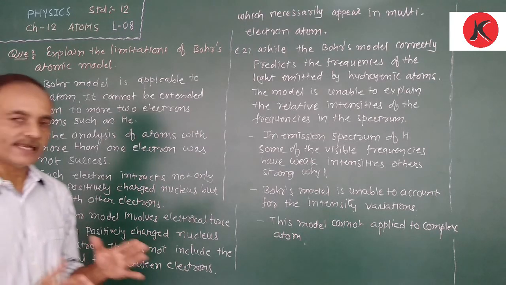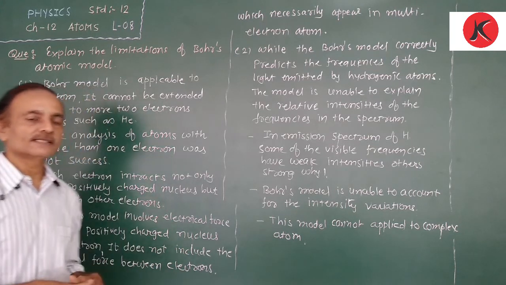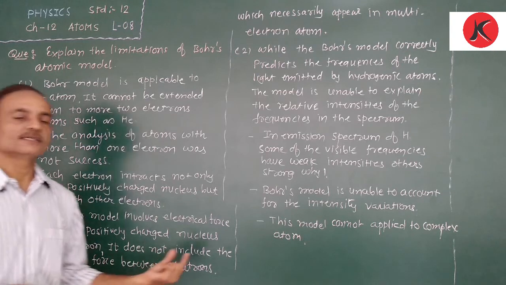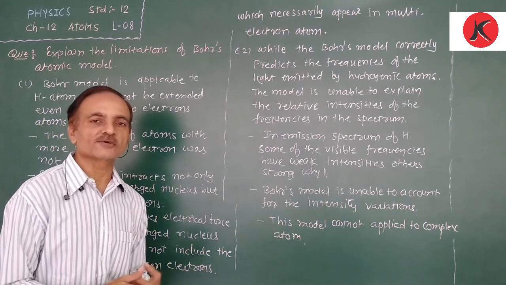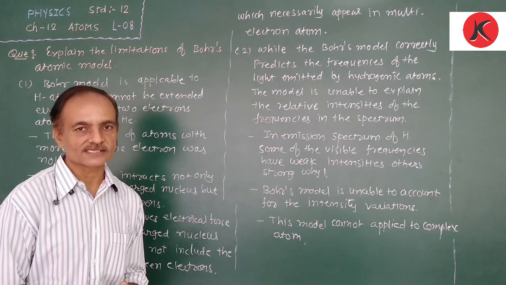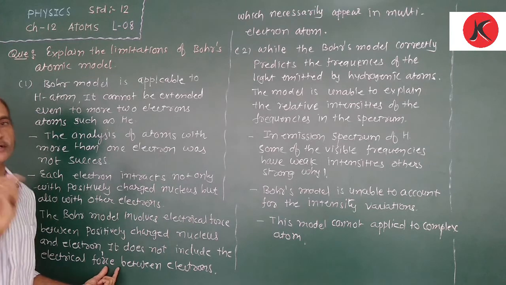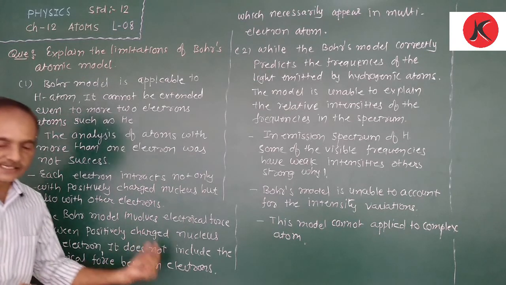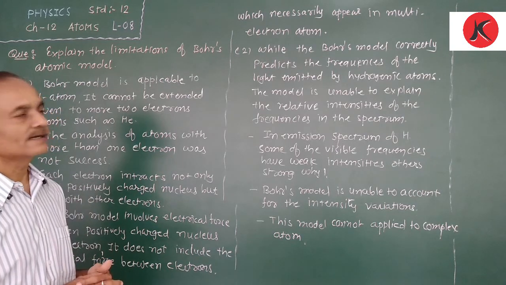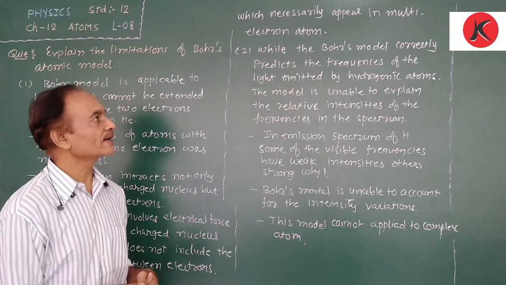If the atom has more than one electron, the force between the electrons also takes place, and also the electrical force between the positively charged nucleus and electron takes place. But Bohr's atomic model cannot include the electrical force between the electrons, right, which is necessary for a multi-electron atom.